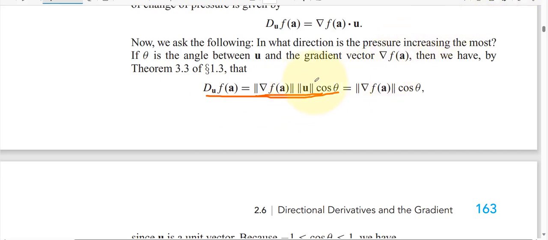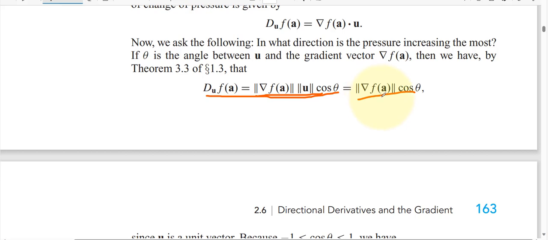This says, given a particular direction u, this is what you're going to get for the directional derivative. But if you look at this part here, this is the magnitude of u. But remember u, we said it's a unit vector. So the magnitude of a unit vector is just 1, so we can just get rid of this part, and we get this. So this says that the directional derivative for any direction u is just this part. Well, this doesn't even have u in it.